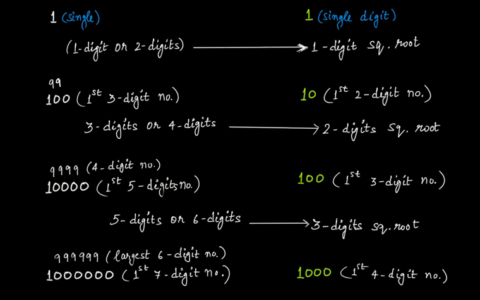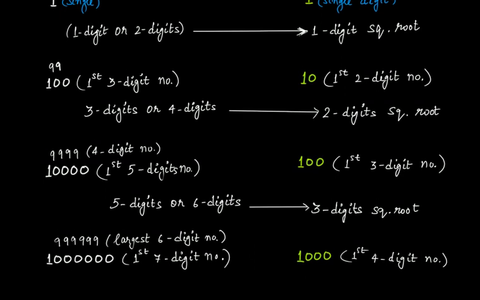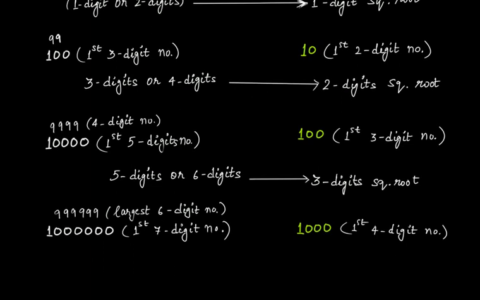So in general we can say that from this basis, if your square number has even number of digits, then the number of digits present in the square root will be n by 2, right?